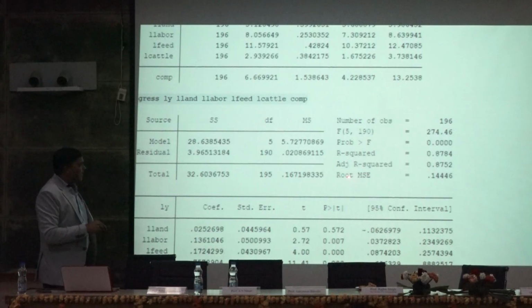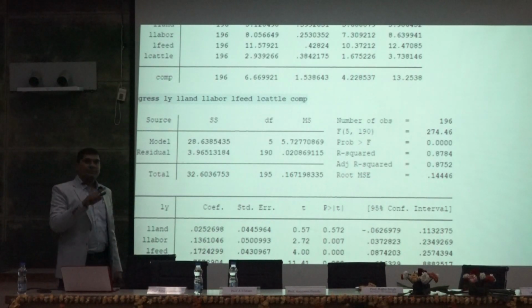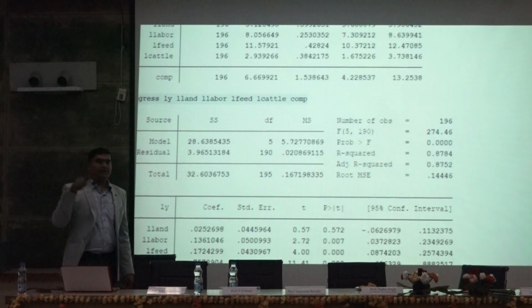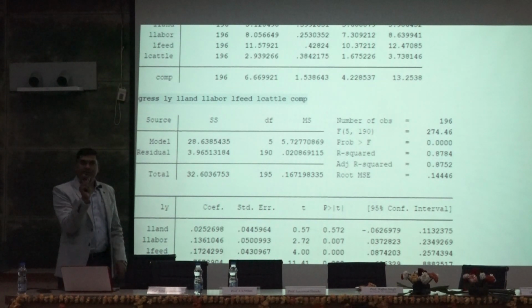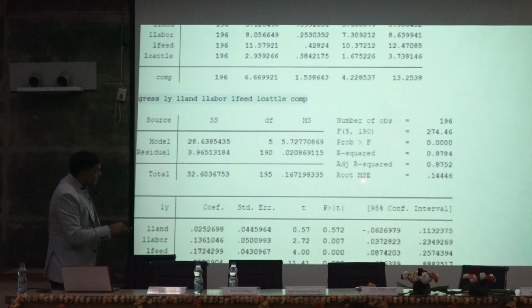Okay, and this is the root mean square error. Root mean square error means the deviations, the sum of squared deviations. Mean square error means the mean of the squared errors.